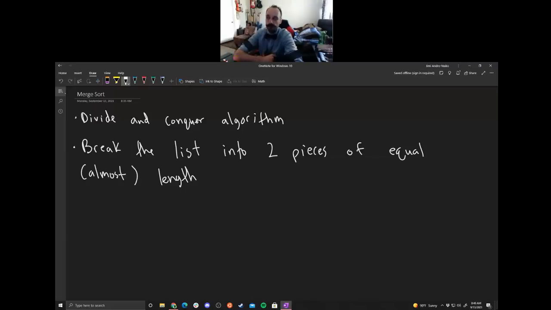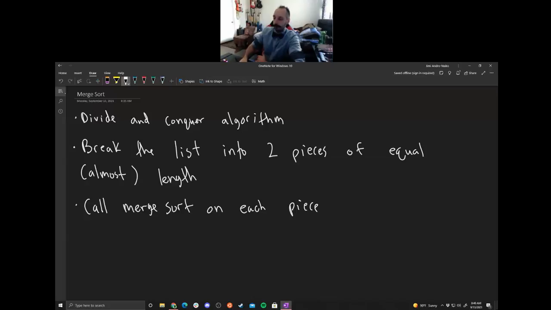Break it into two equal or almost equal sizes. And then we simply call merge sort on each piece. So obviously, this will be done recursively.